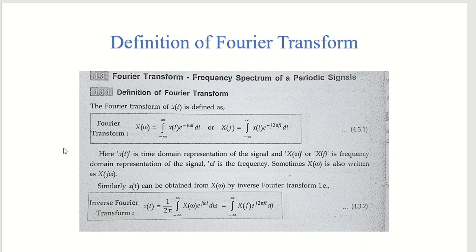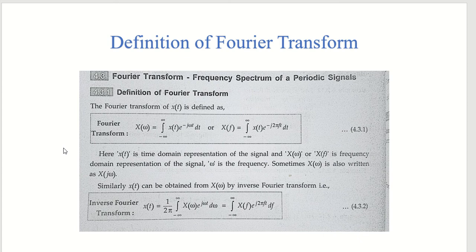So initially we did the integration by taking dt as base, and this time we will take the integration by taking d omega as base, right? d omega or df, whatever you want, you can take it as a base. So Fourier transform allows us to move from time domain signal to frequency domain, and also from frequency domain to time domain.